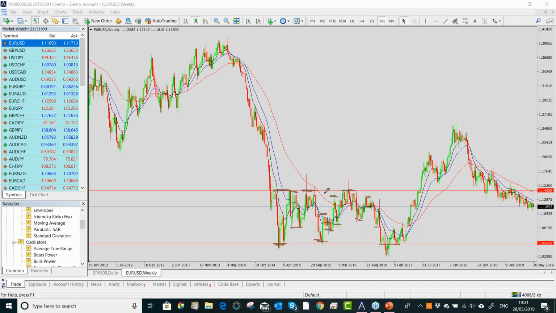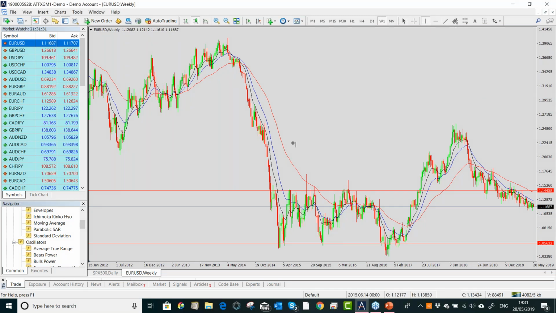So within this range, basically my high limits up here, my low limits down here. And because I don't have a series of higher highs and higher lows or lower highs and lower lows, I can call this a range between the highs up here and the lows down here. Now, having said that, what I'm looking at here is the weekly time frame.